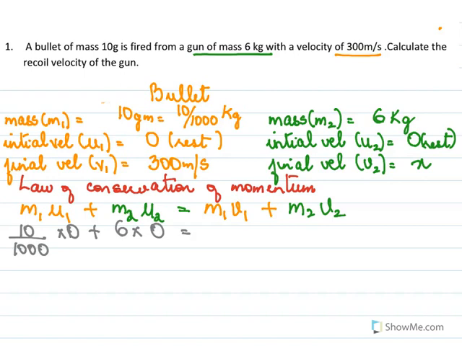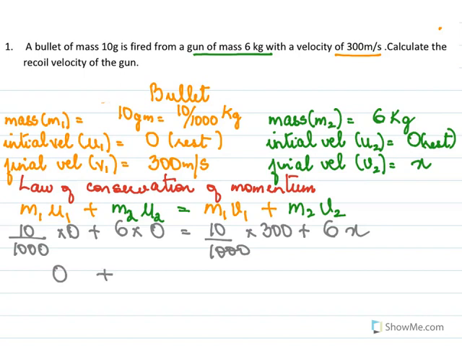equal to m1, that of the bullet, so it is 10 over 1000, times 300, v1, plus m2. m2 we know is 6, and the v2 we do not know, so we put that as x.